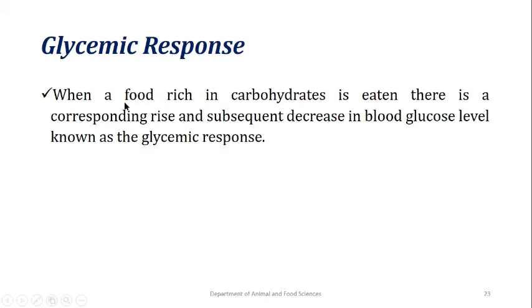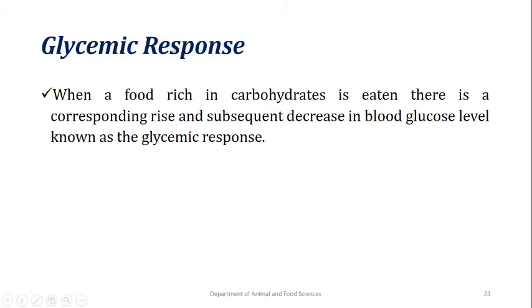Then this glucose is absorbed into our blood, and it will increase the blood glucose level. And when we eat such a carbohydrate food, it increases the blood glucose level and decreases the blood glucose level with time. So that response is called the glycemic response.